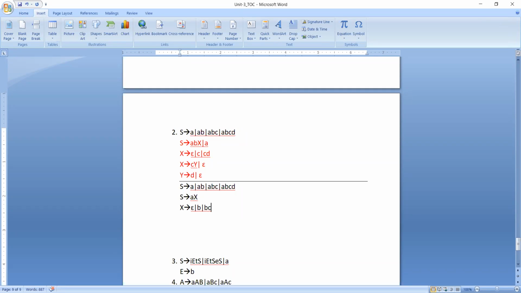If you remove small a, the substring which will remain will be bcd. Now if you again look over here, this production is again involved in left factoring. You can see here we have small b, small b, and this is also small b, and we have a gamma part like epsilon.